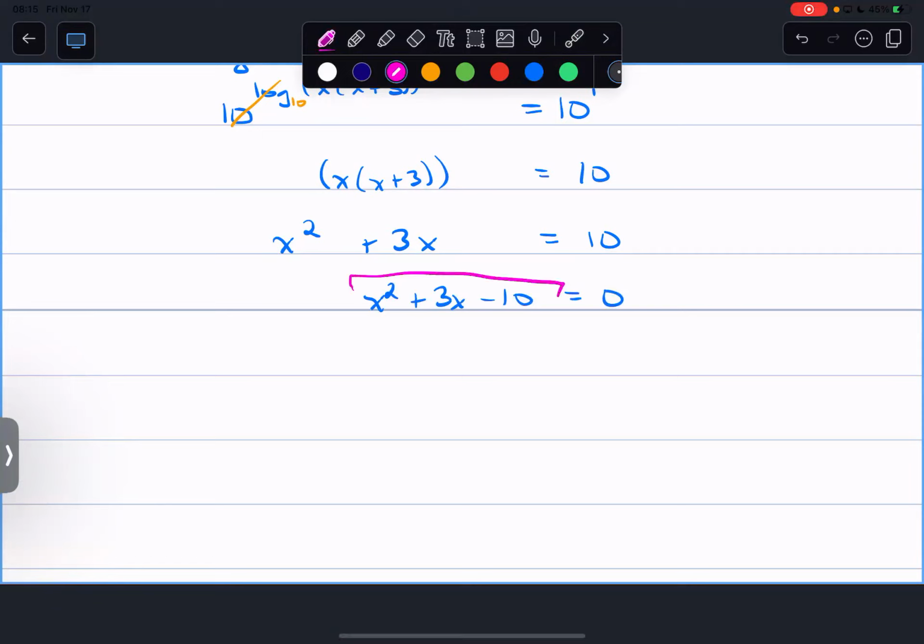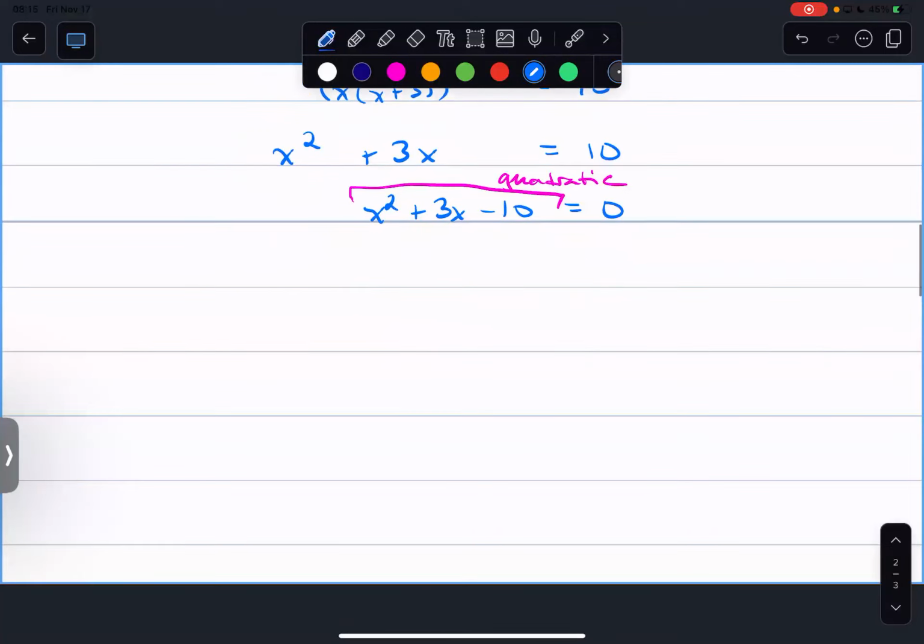Now this is a quadratic, which we know is going to have two solutions, two values of x. And usually what happens is if it's inside a log, only one of those is going to apply, because the other one is going to yield negative values inside the log. Spoiler alert, I guess.